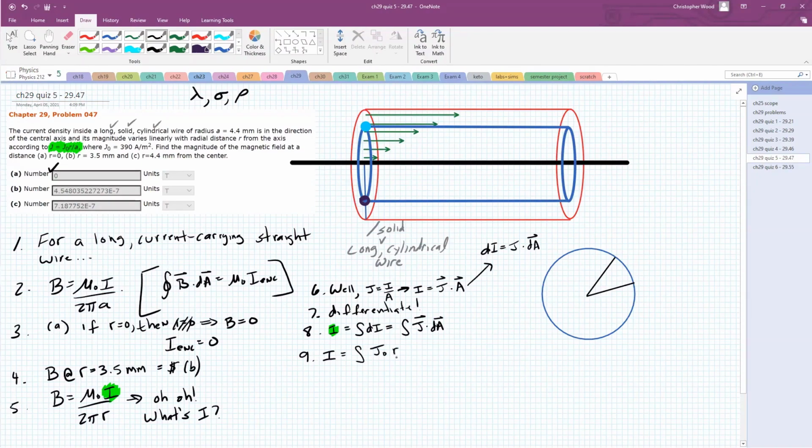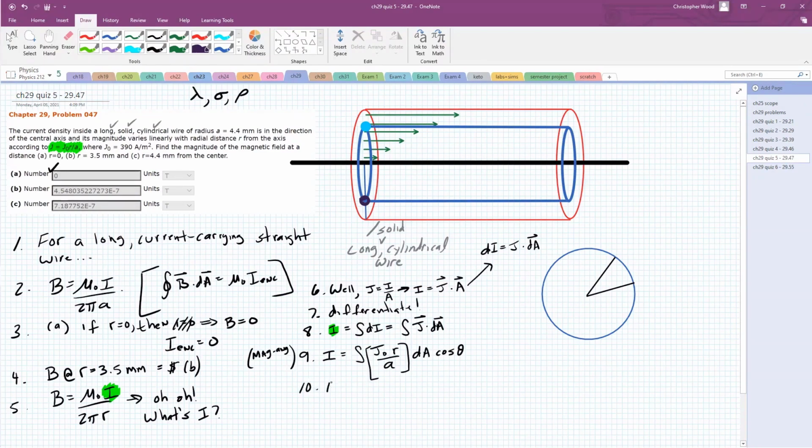So this is J naught times dA. So I'll go to magnitude angle, cosine theta, the magnitude angle version of dot product.